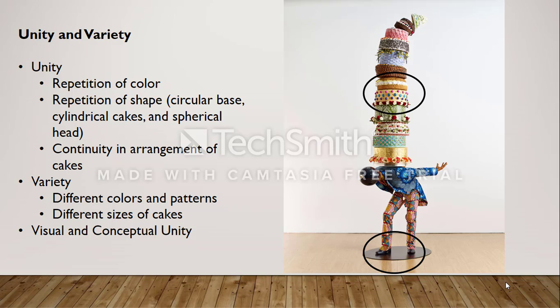There is also continuity in the arrangement of cakes in the tower. We can also see a variety in the many different colors used, as well as the different sizes of cakes in that tower. All of this contributes both to the visual unity of the sculpture, as well as its conceptual unity, an idea or message that the artist is trying to communicate.